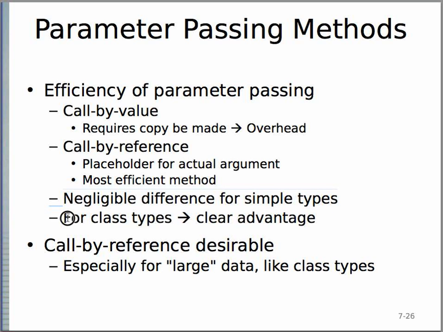If you have classes, let's say each object has something like a 10 megabyte JPEG image, then every time you call a function, you might be making a complete copy of this 10 megabyte JPEG image, and that becomes very inefficient. For efficiency, you want to use call by reference. Okay, so it's especially for large data. It's desirable to use call by reference.